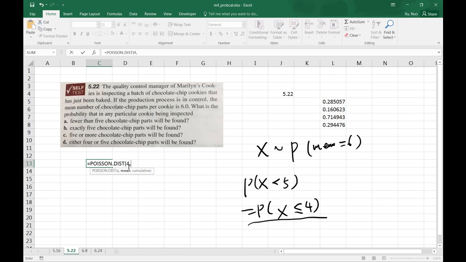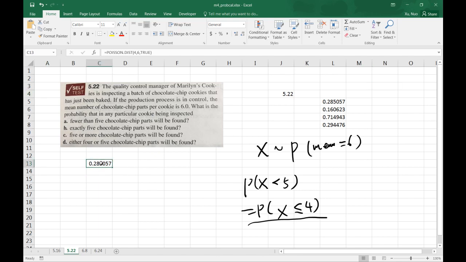Mean is the only parameter that controls the Poisson distribution. In this case, it is 6. And as I indicated earlier, I want to calculate a cumulative probability. Therefore, I should put true in this position. And this should be the answer for the first part of this question.